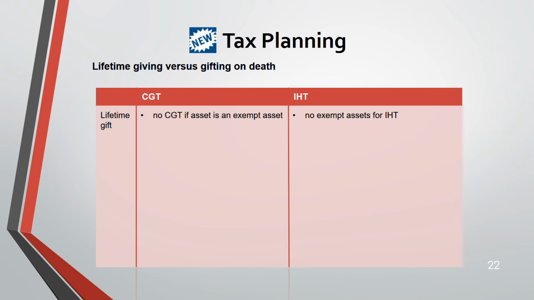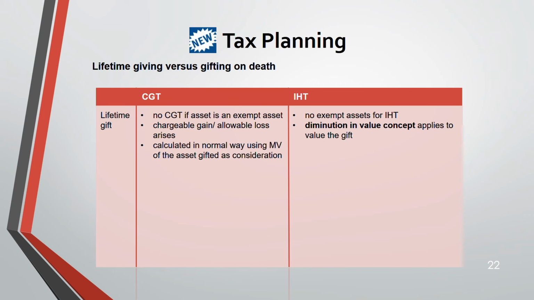But from the point of IHT, no assets can escape IHT. For CGT, a chargeable gain or allowable loss arises. For IHT, we follow the diminution in value concept, that is, transfer of value. CGT is calculated in the normal way using the market value of the asset gifted as consideration.